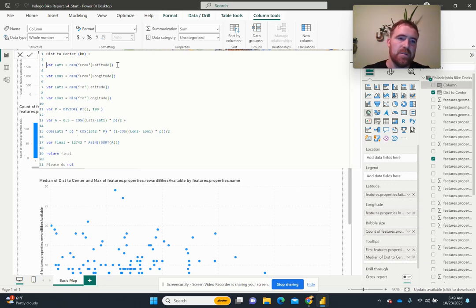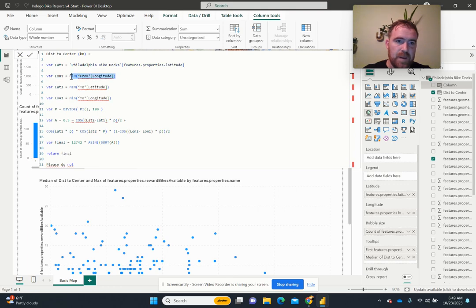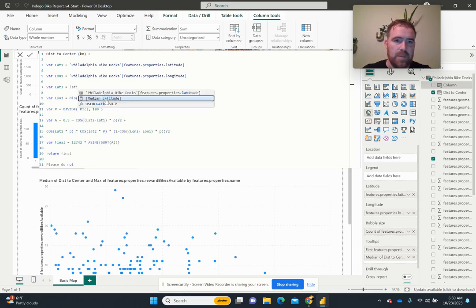So in this case, our point one is just our latitude for each bike station, and longitude as well. And our point two will always be our center, so that's our median latitude.